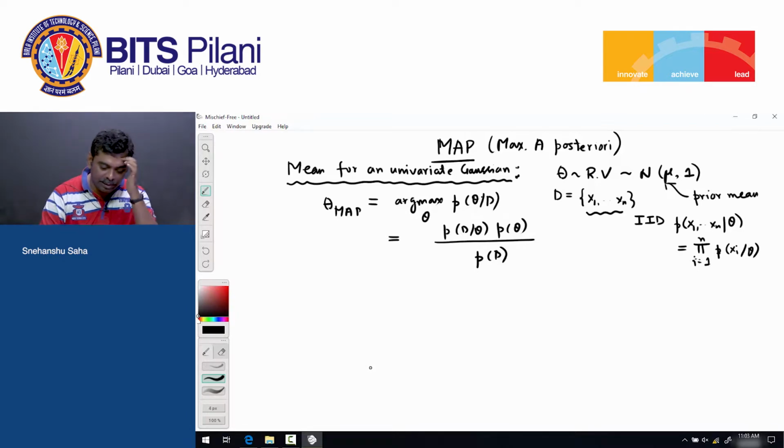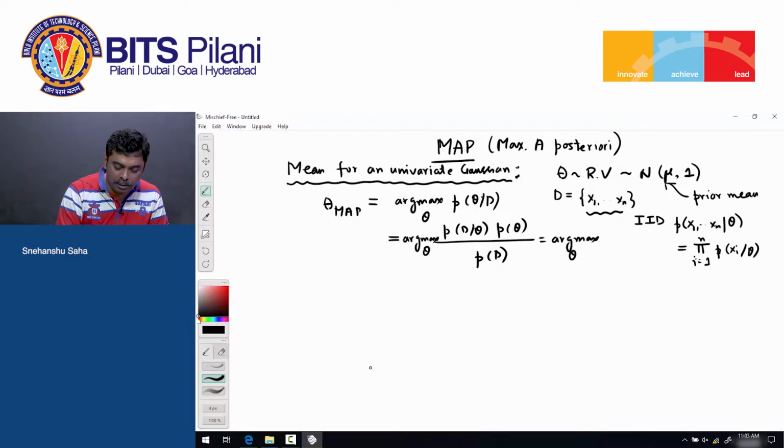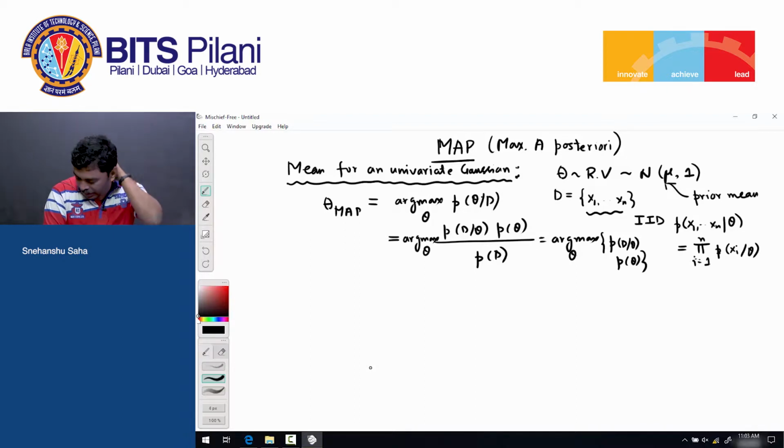It's on the given data. So this is equivalent to writing, and since we are using a normal, instead of looking at the original likelihood function, I can just look at the log likelihood function, right? So I'll just rewrite this.